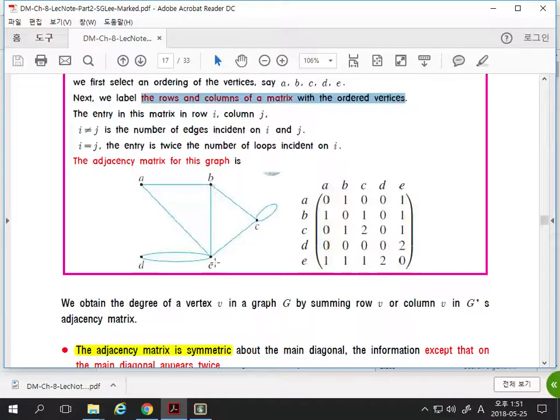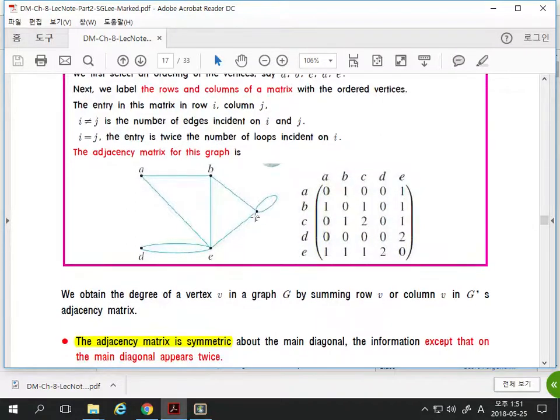B to E is 1. B to C is 1. And B to A, there is an edge, and all others are zeros. And for C, we have B, E, and C, so we have non-zero entries there, but all the others are 0.